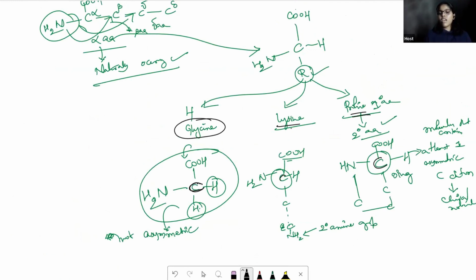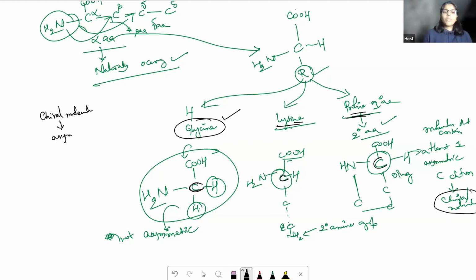In lysine, you can see an asymmetric carbon atom. So lysine or proline or any other amino acid except glycine are all chiral molecules. They all contain an asymmetric carbon atom. Due to the presence of this asymmetric carbon atom, they get some optical properties.